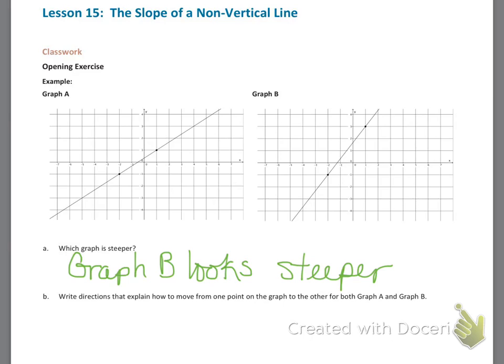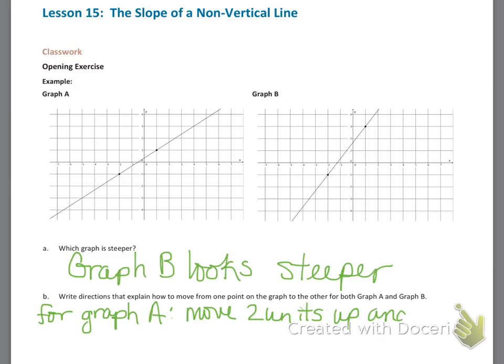So we could say for graph A, move 2 units up and 3 units to the right. And if I do that, I get from one point to the next point on that graph.